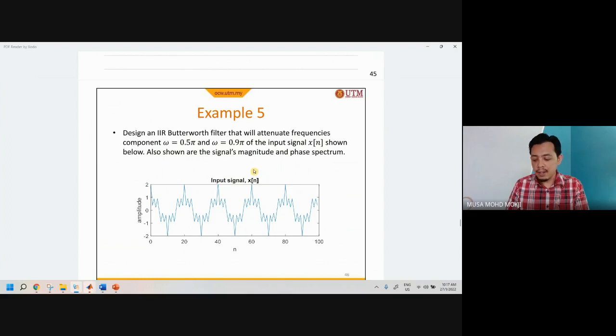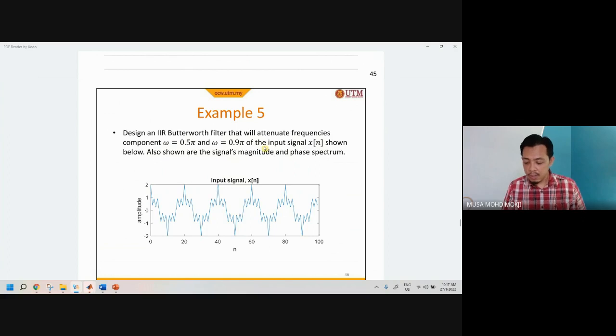And the last one is the discrete frequency, which we denote as k, from when we learned about the DFT, the discrete Fourier transform. Here we are referring to small omega, the discrete time angular frequency.